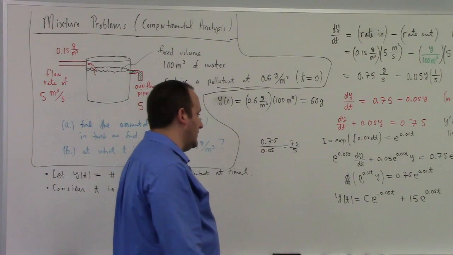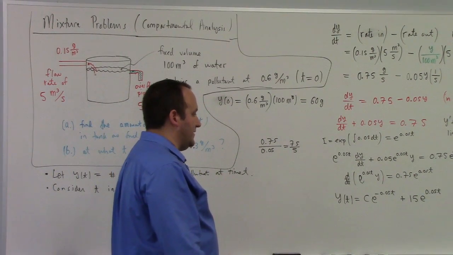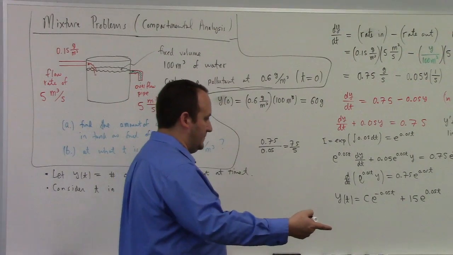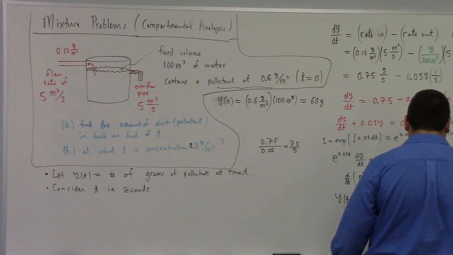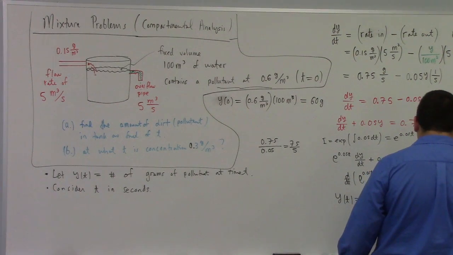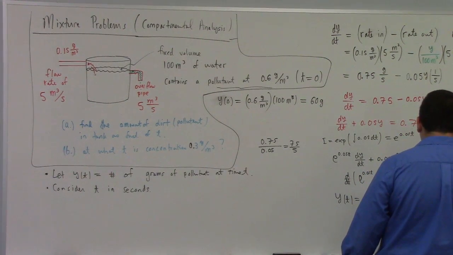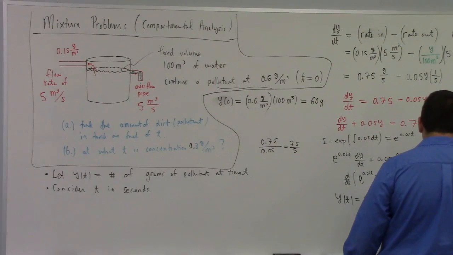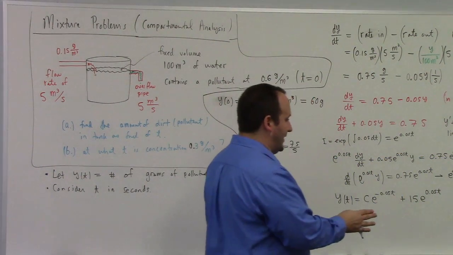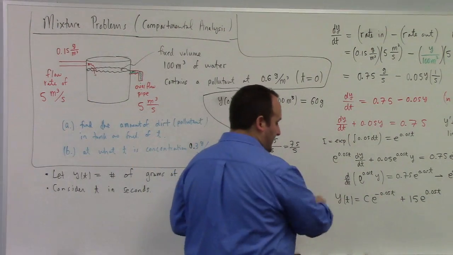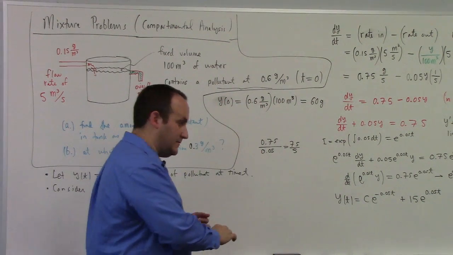Oh, I'm an idiot. So sorry. When I integrate, what's the next step here? I didn't write it down yet. It'd be e to the 0.05t y equals 15 e to the 0.05t plus a constant, right? So when I solve for y, that exponential gets canceled out. There's just a 15 there, right?